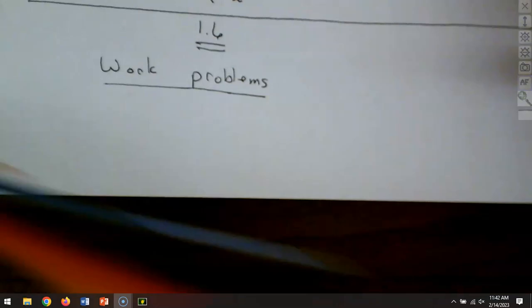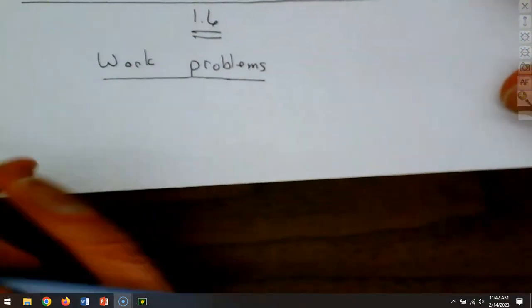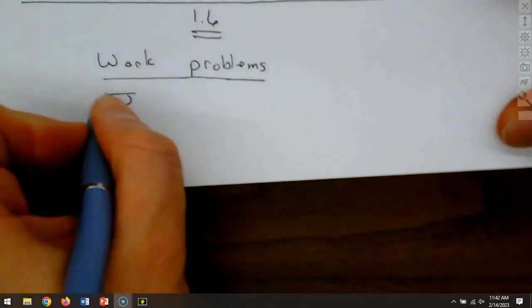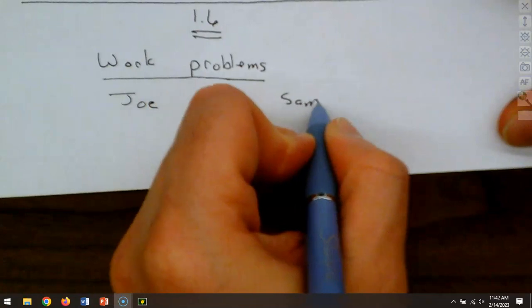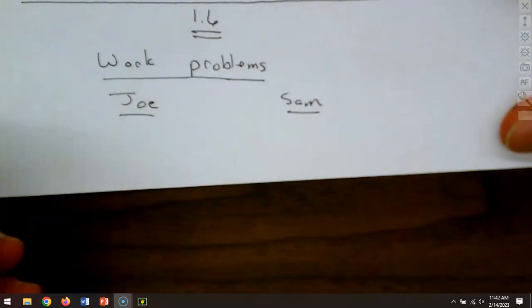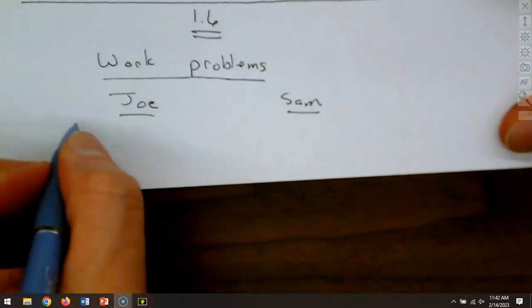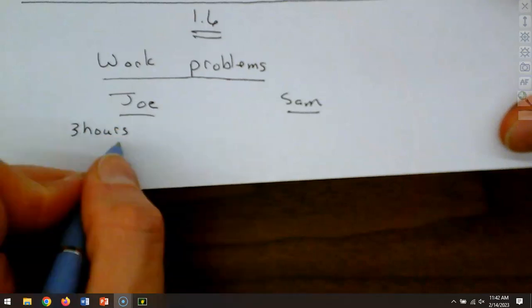So we've got 2 people and they're working together. Now when they work together, they're going to add together. So we have Joe and then we have Sam. Now, what do we know about Joe? Okay. Joe, it takes him 3 hours to paint this house.